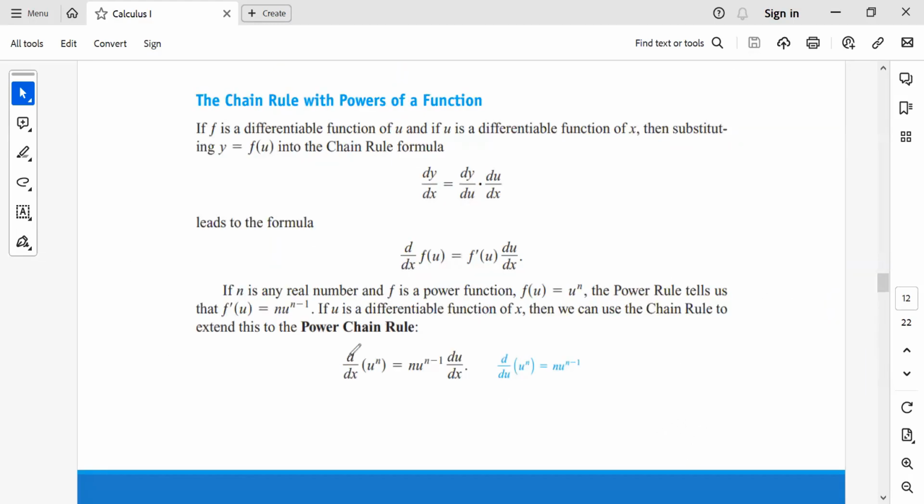We have also a formula for the power of a function. The derivative with respect to x of u of x to the power n is n times u to the n minus 1, times the derivative of u with respect to x. What does it mean? Let's see an example.